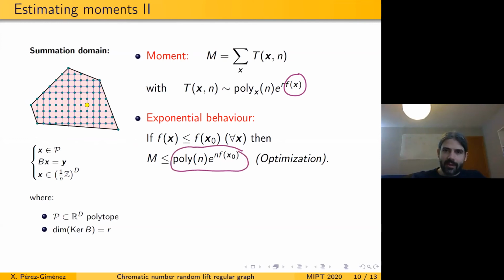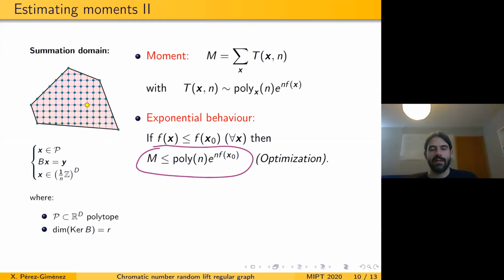The term corresponding to x naught gives you the exponential contribution, since there are only polynomially many terms, a power of n in the polytope, and each of the terms is exponentially dominated by the term where the exponent is maximized. Then you get this upper bound here. This is a polynomial times e to the n times f at x naught.